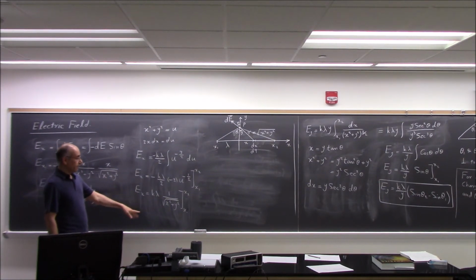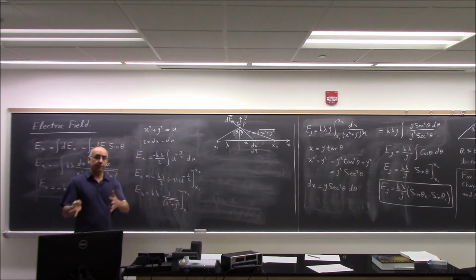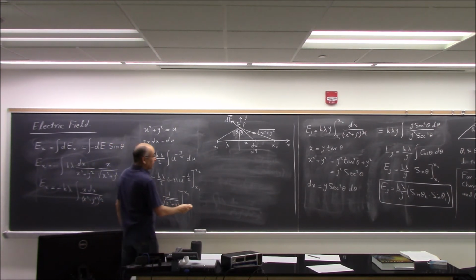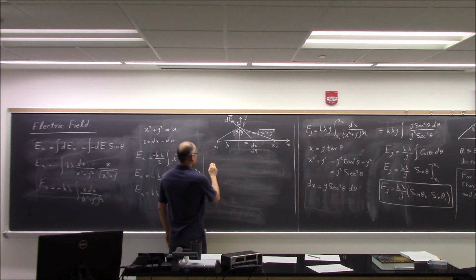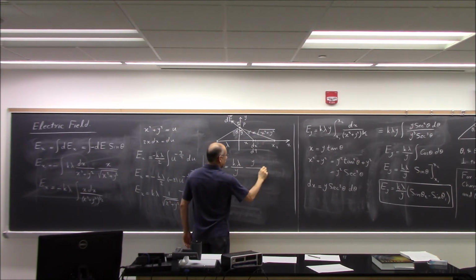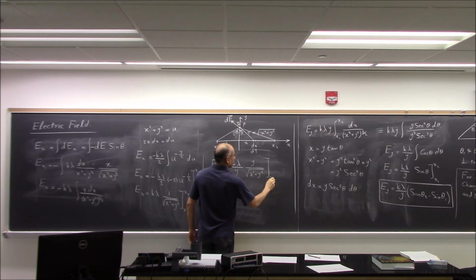Again, you can put x1 and x2, you get this minus that, but I want to do a little trick here. I must multiply by y, divide by y. So Ex will be k lambda over y, then y over square root of x squared plus y squared from x1 to x2.